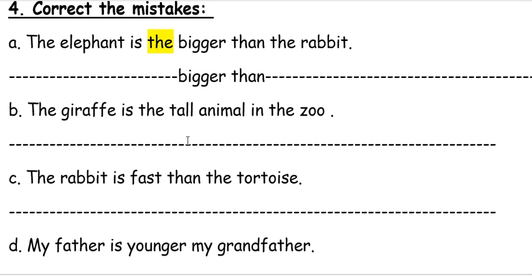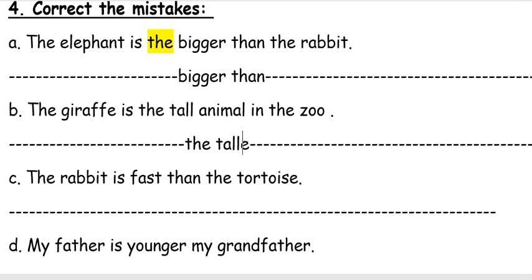Number B. The giraffe is the tall animal in the zoo. So if I use a superlative form, I say the tallest animal in the zoo. Number C. The rabbit is faster than the tortoise.